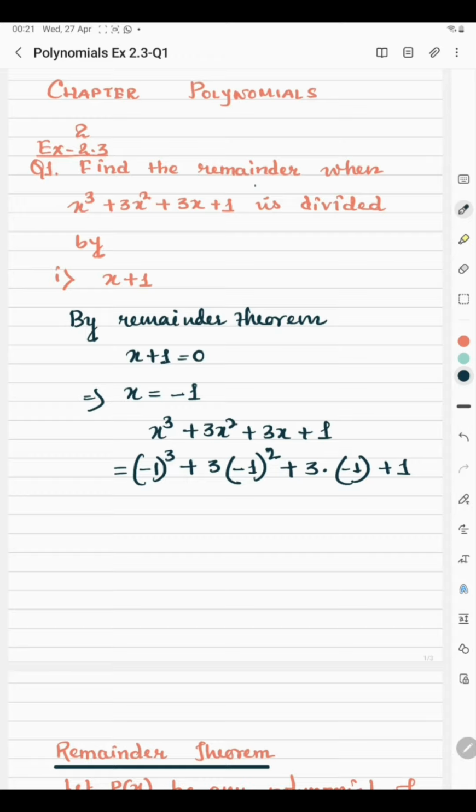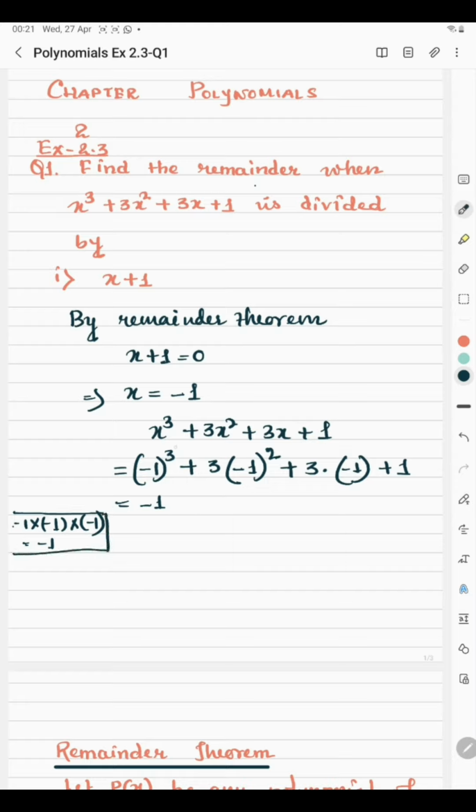Always put the negative integer within the bracket. Okay. Now if we have an odd number as power, then we'll get minus 1. Why? Because minus 1 multiplied by minus 1 multiplied by minus 1 is minus minus plus plus minus minus. Okay, so if we have an odd number, we'll get minus 1.